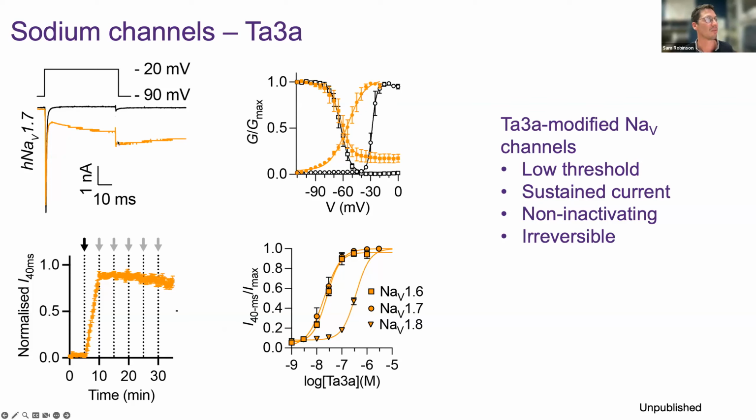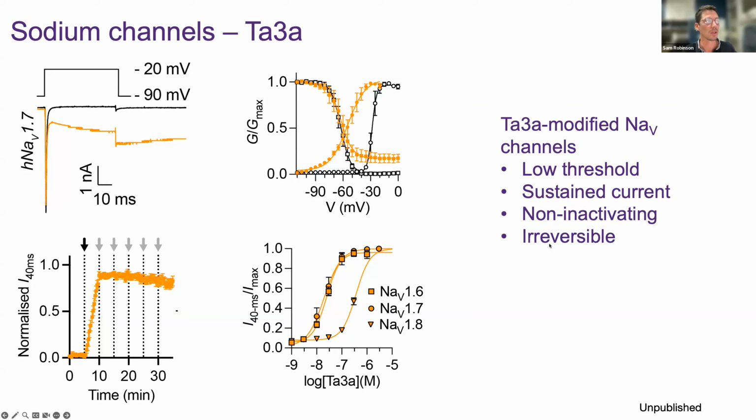And this was something unique to this particular peptide within these peptides. I will mention in a minute, you do see this with some other sodium channel toxins, some small molecule alkaloids. Again, a massive shift in the voltage dependence of activation, and it does not wash off. And here are just the concentration response curves demonstrating that it's active at 1.6, 1.7, and also a little bit at 1.8.